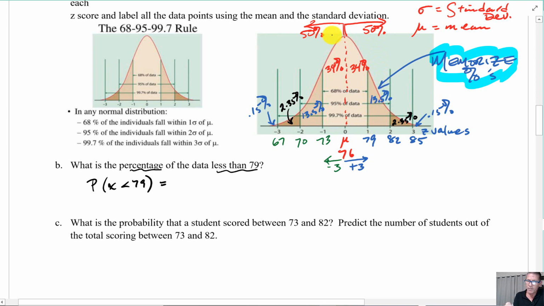I'm looking for this area underneath the curve in yellow here, all of this. So I can see that it's going to be 50% to the left of the mean plus 34. So this is found by taking 50% plus 34%, or a total of 84% probability that a score is less than 79.